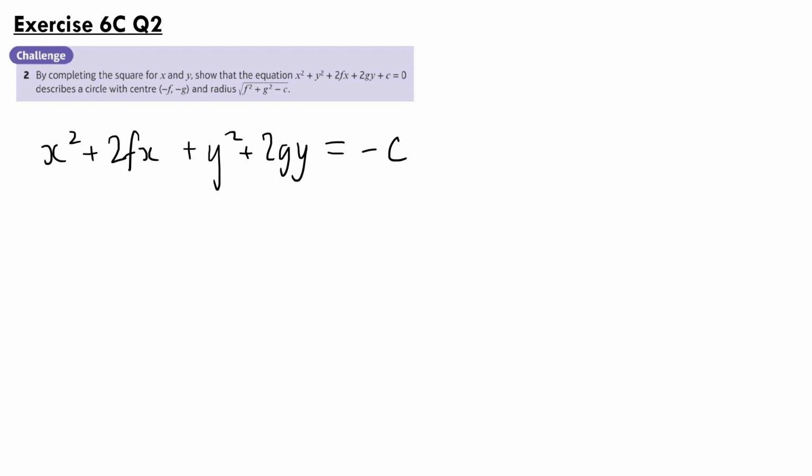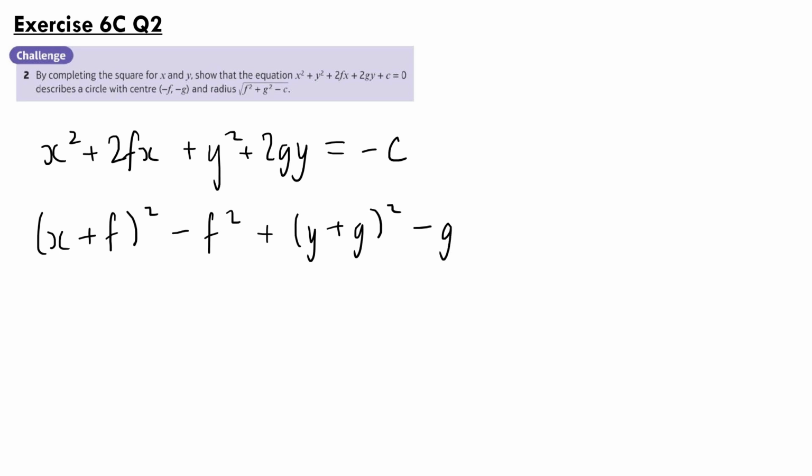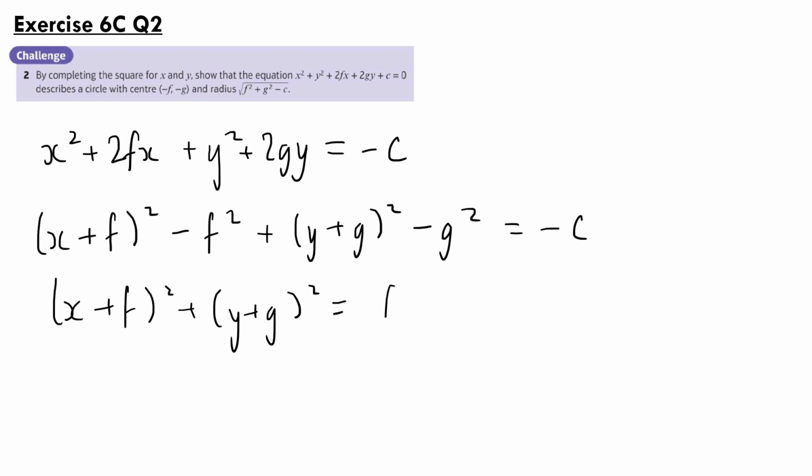Now, if we complete the square, we will get (x + f)², and then we have to take away the extra f², and then we'll have (y + g)², and we have to take away the extra g², equals −c. Taking the f² and g² onto the other side, we get (x + f)² + (y + g)² is equal to f² + g² − c.